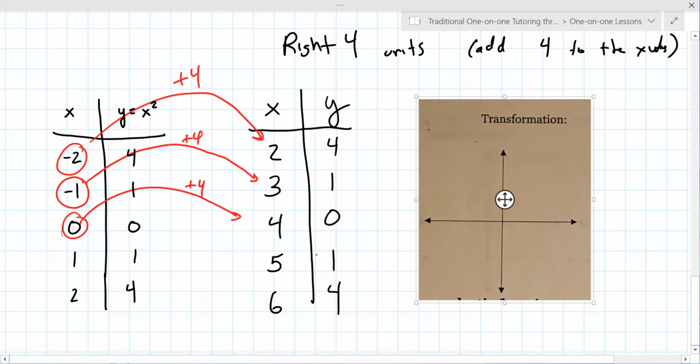So 2, 4: 2, and then I'm going to go up 4. So 2, 4 is there. 3, 1: 3, and then 1. 4, and then 0. 5, and then go up 1. 6, and then go up 4. So something like this.